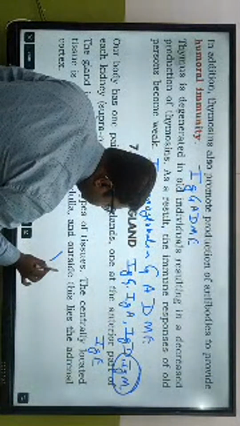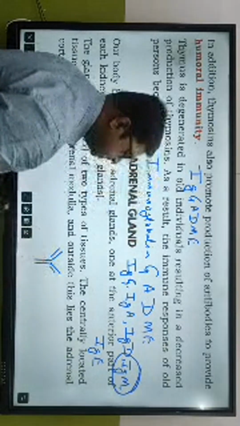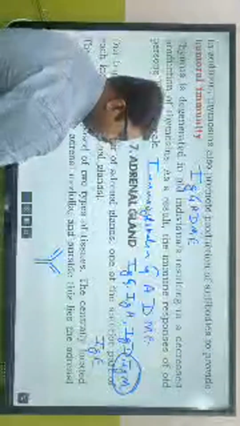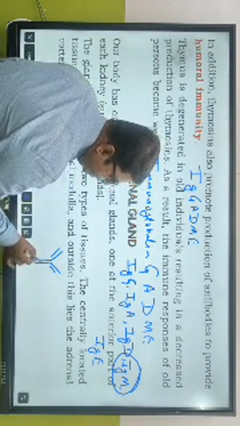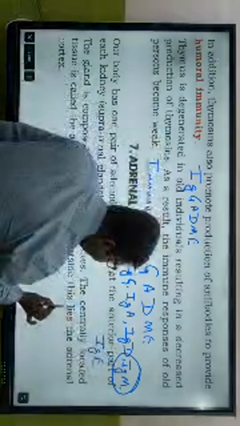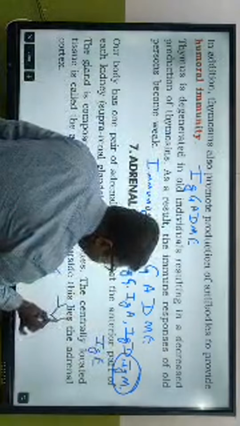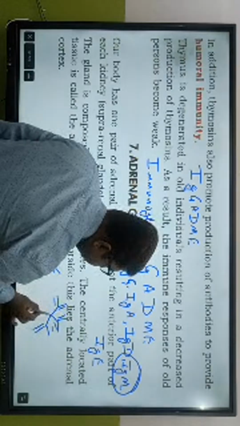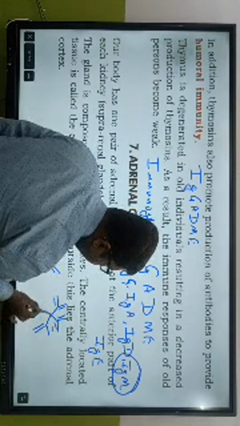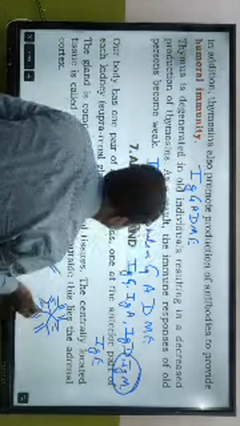And in class 12, we are going to study that the structure of the antibody looks like this, a Y-shaped structure. IgM is pentameric. That means how many Y-shaped structures can you see? 5. Clear? This is pentameric structure. This is IgM.